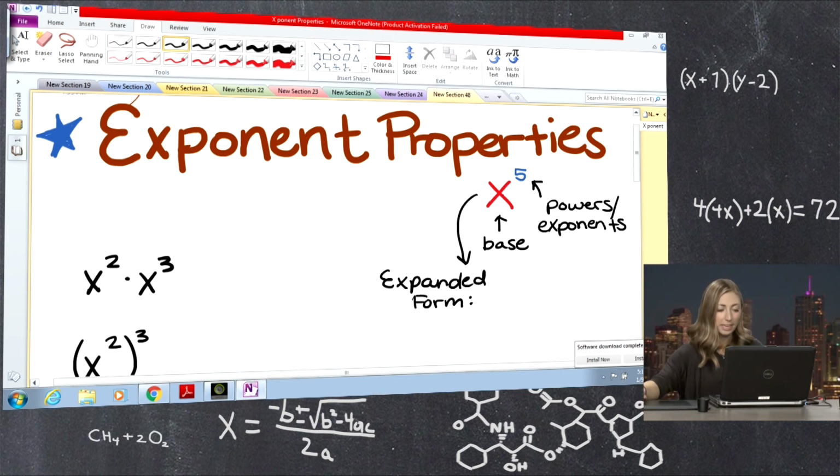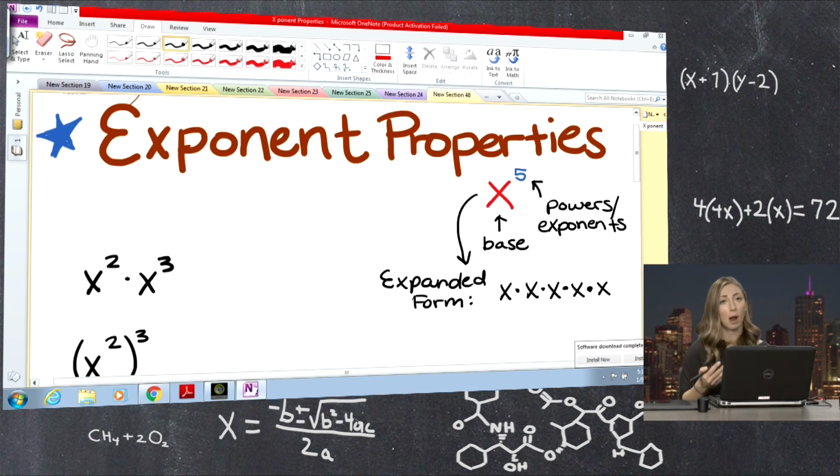I'm writing x to the 5th as x times x times x times x times x, 5 times. So I'm expanding it and pulling it out. That's what the power means: how many times I'm repeatedly multiplying the base.